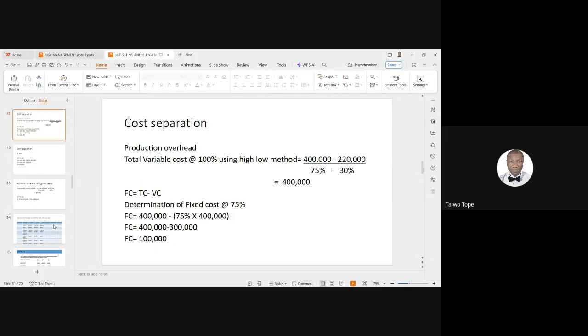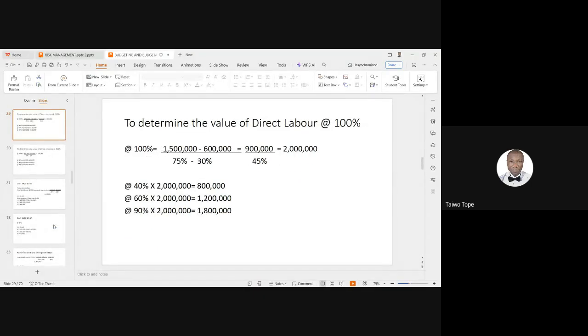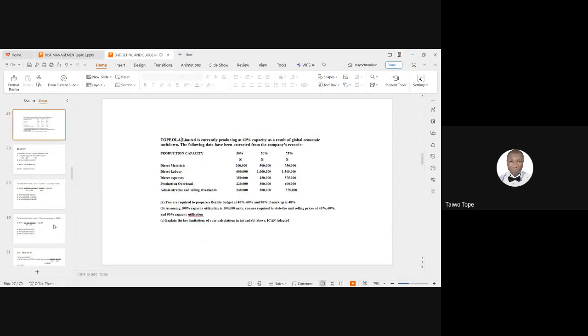But I'm concerned about your understanding of how to apply the high-low method in solving that question. The additional information is nothing too serious, but you need to understand and be able to interpret. So that is it for the A part.